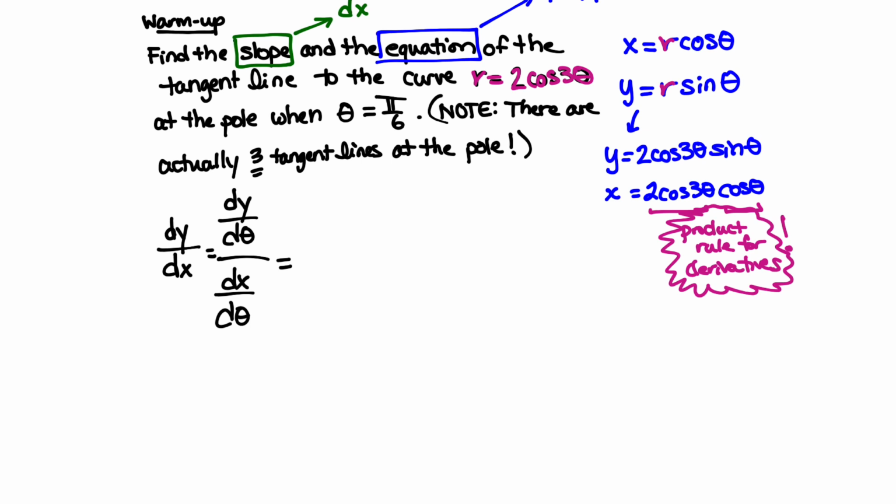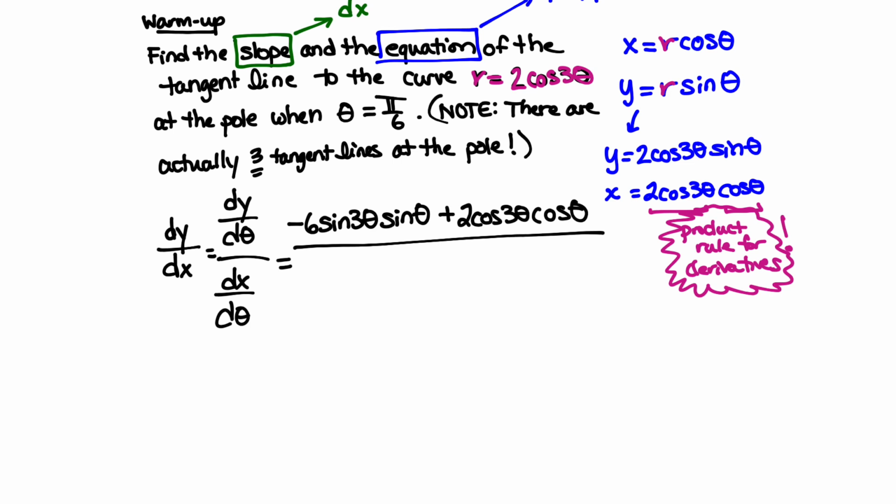So dy d theta is derivative of the first, minus 6 sine 3 theta times sine theta, plus derivative of the second, which is cosine: 2 cosine 3 theta cosine theta. You guys are checking my work, right?